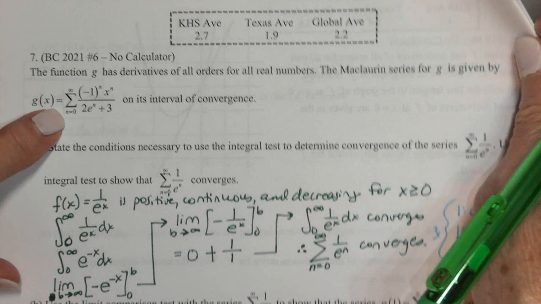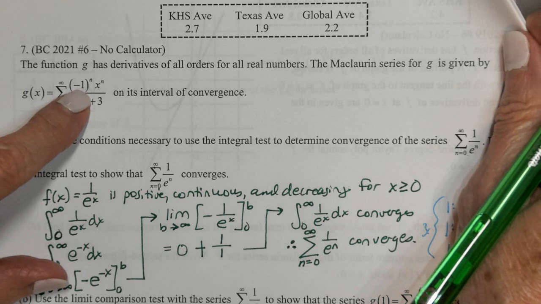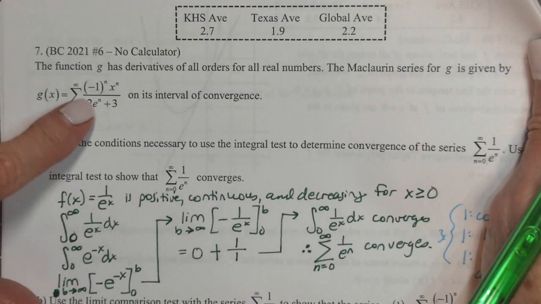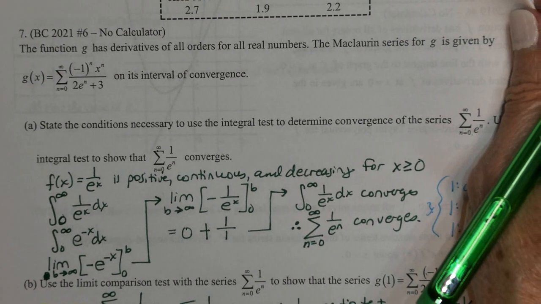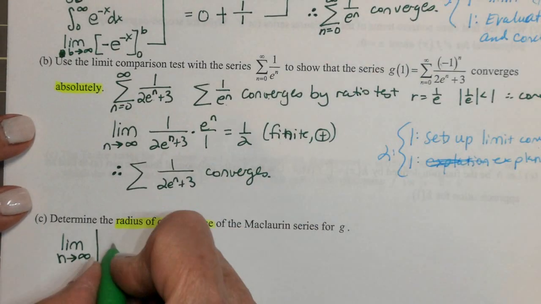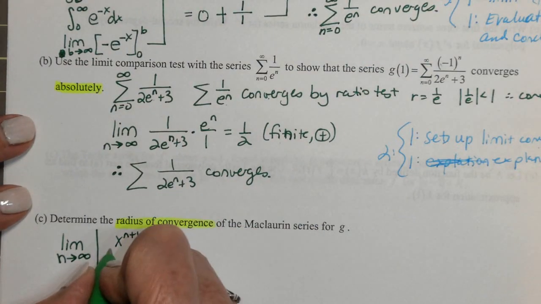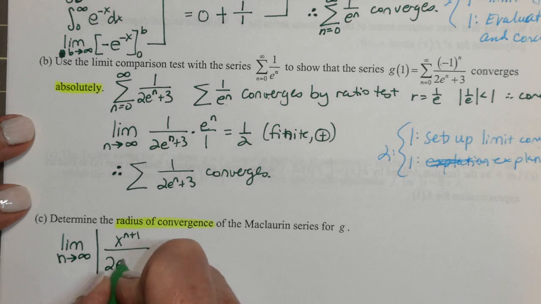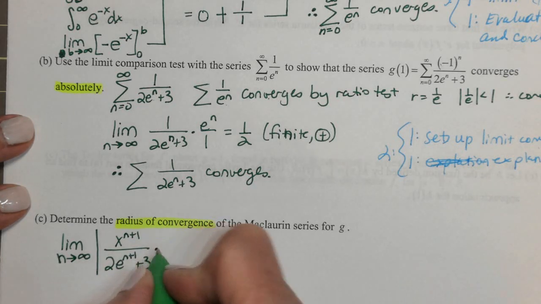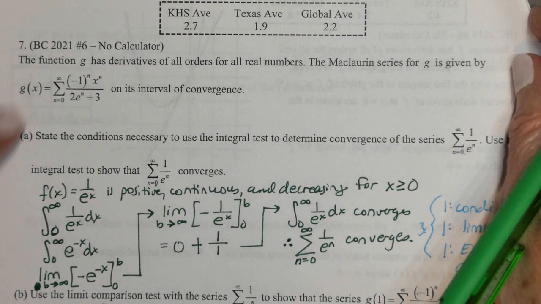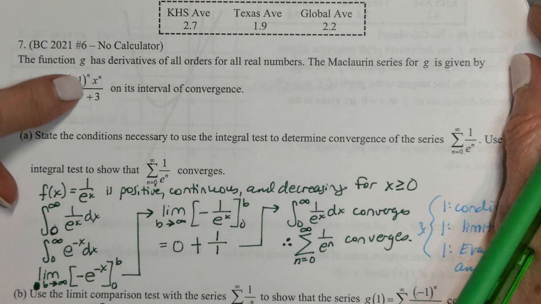So I'm not going to put the -1 because I have absolute values. The ratio test has absolute values, so no -1. Go to your G. Replace every n with n plus 1. So I have x to the n plus 1 divided by 2e to the n plus 1 plus 3, times the reciprocal of your nth term.